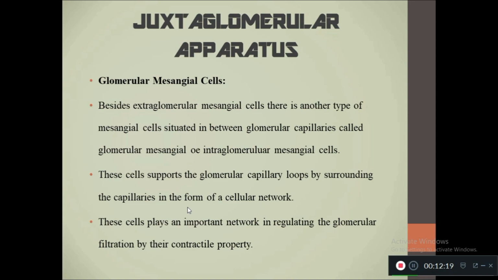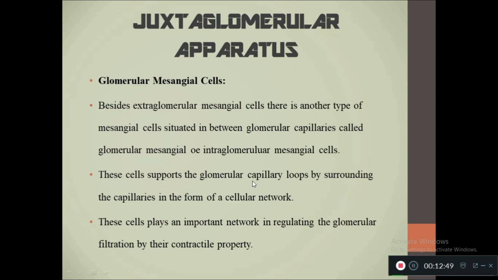Next one is glomerular mesangial cells. Besides extraglomerular mesangial cells, there is another type of mesangial cell situated between the glomerular capillaries, called glomerular mesangial cells. It is also known as intraglomerular mesangial cells. What is the function?